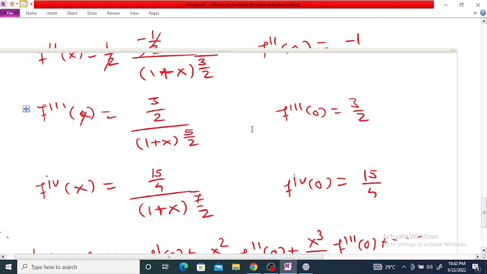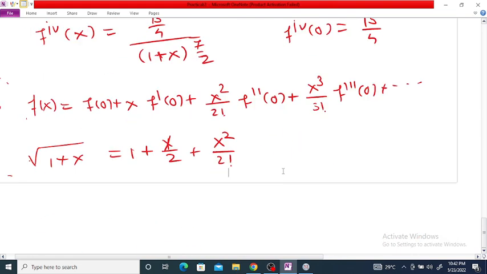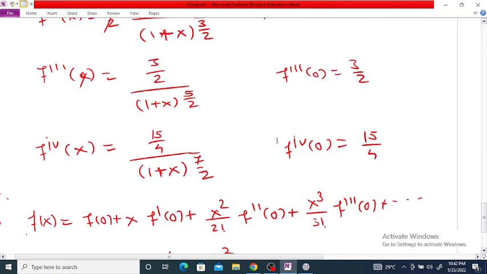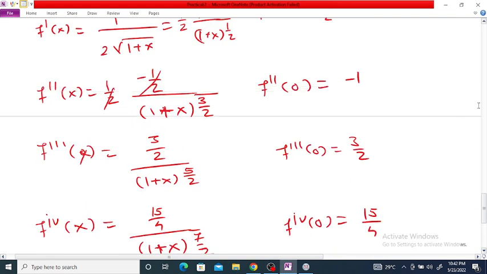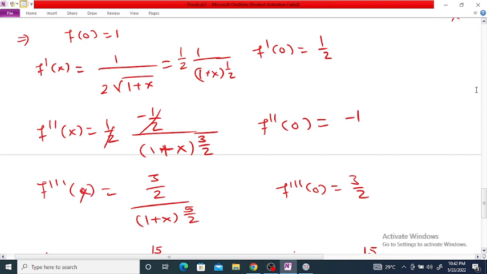So it is x square by 2 factorial into f double dash 0. So what is f double dash 0? F double dash 0 is equal to minus 1. Something went wrong here. So this is not minus 1, the 1 by 2 does not get cancelled here.